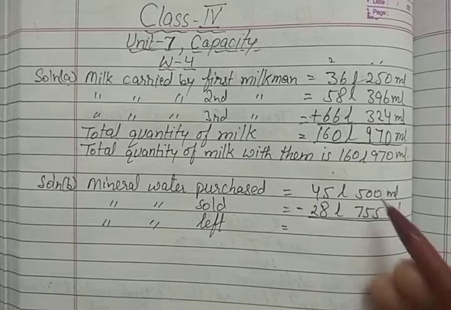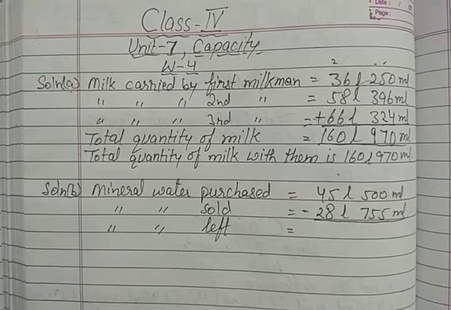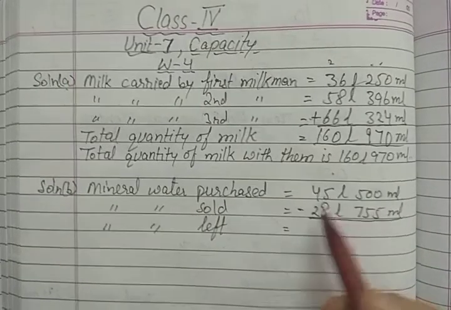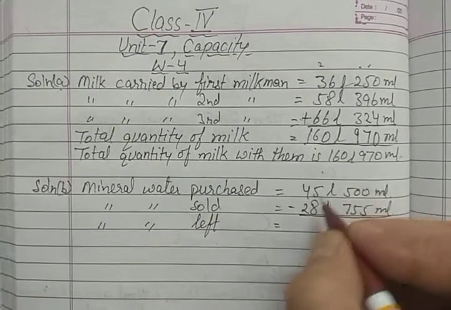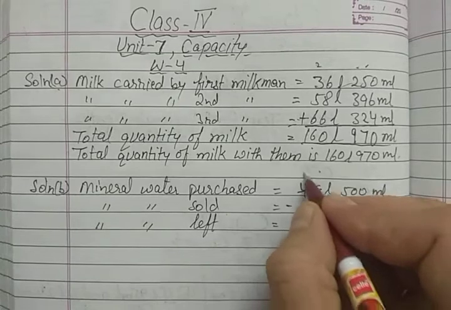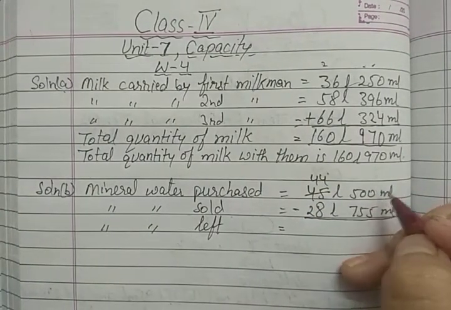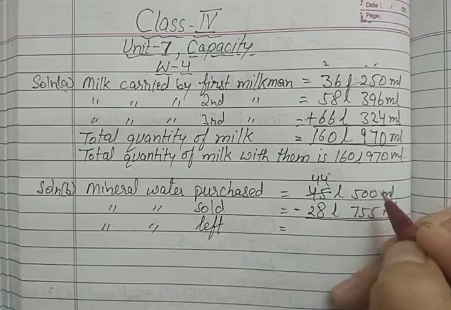So now see here that 500 ml is smaller than 755 ml. So what we have to do? We have to take a borrow from here. So when we borrow, what will be left over here is 44 liters, right? 44 liters will be left, and the 1 liter will come here and get converted into milliliters.